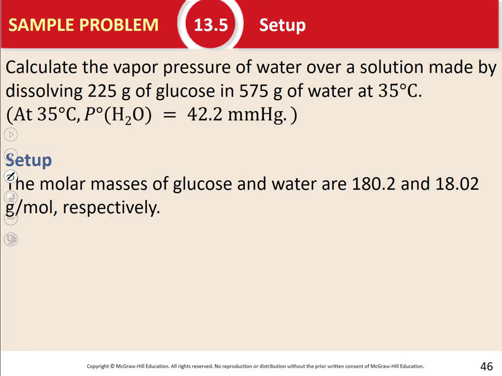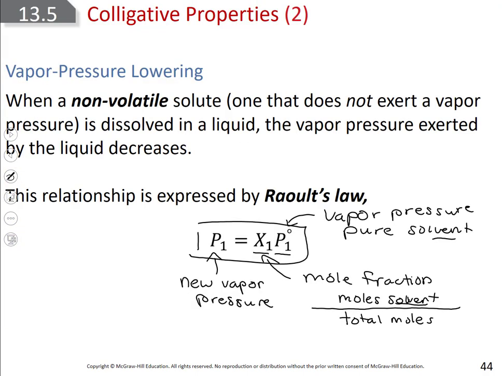Calculate the vapor pressure of water over a solution made by dissolving 225 grams of glucose in 575 grams of water at 35 degrees Celsius, given that at 35 degrees Celsius, the vapor pressure of pure water is 42.2 millimeters of mercury. So this is the equation we're going to use. What is our new vapor pressure?